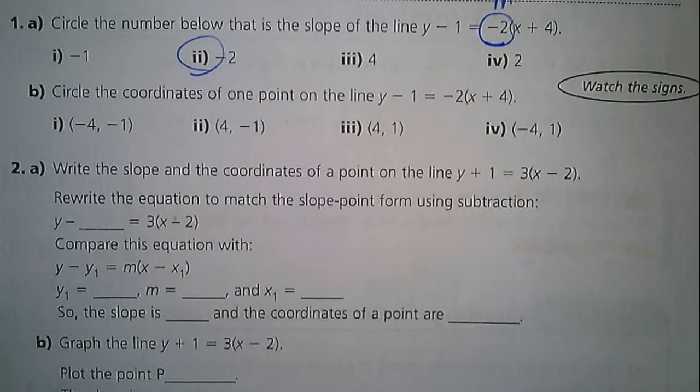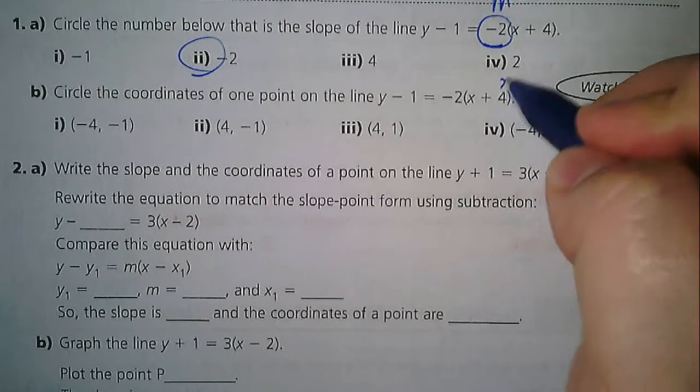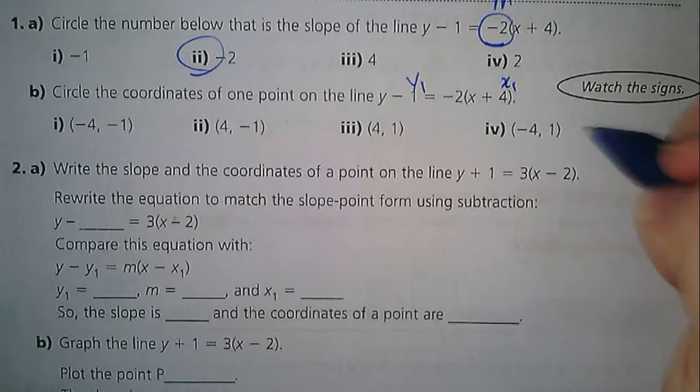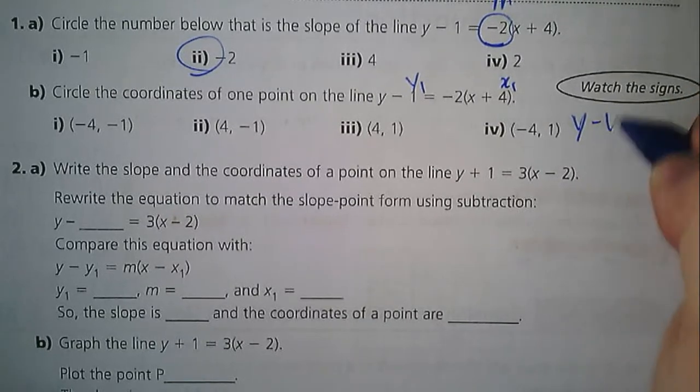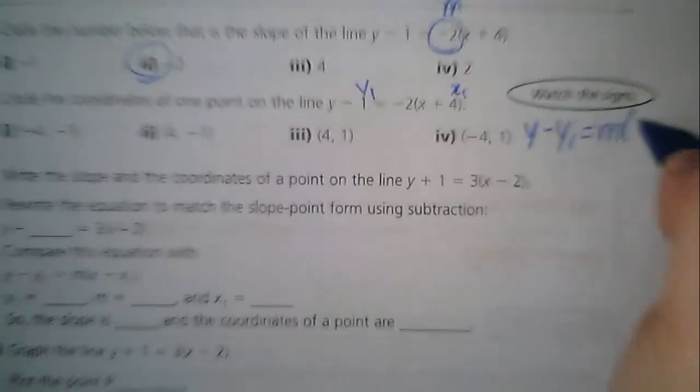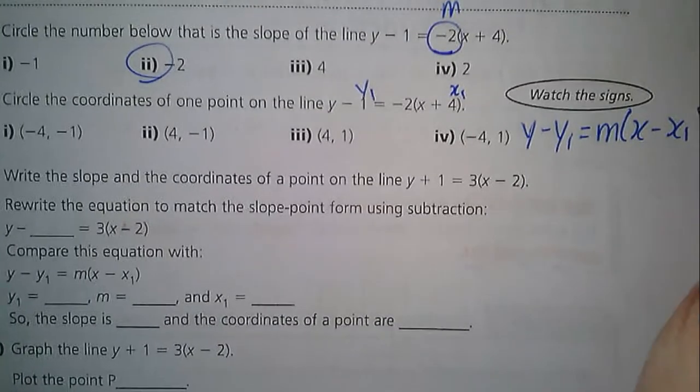The next one said circle the coordinates of one point on the line y minus 1 equals -2x plus 4. So let's look at these points again. Remember, this is my x1 and this is my y1. But remember, the original form was like this: x minus 1.